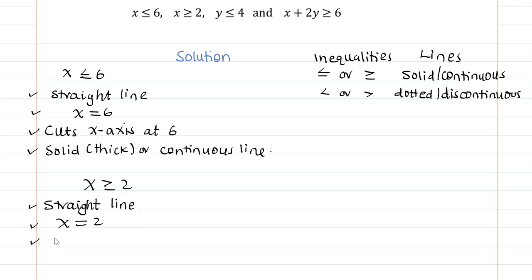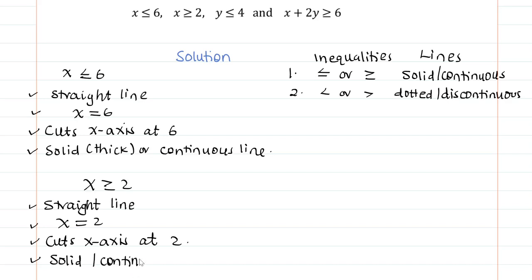And then we have said it cuts the x-axis at position or at point 2. And then look at the inequality. It is more than or equal to. So it falls in our first rule. So there, it is a solid line or it is a continuous line.